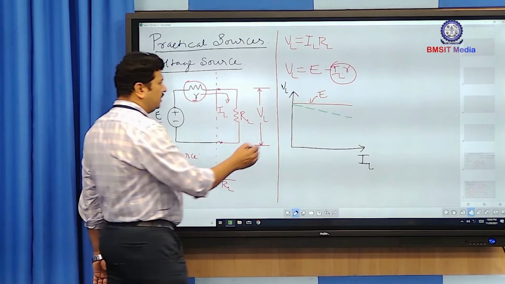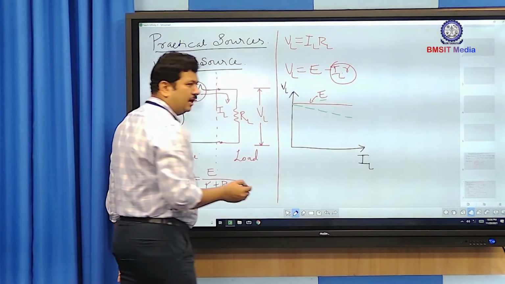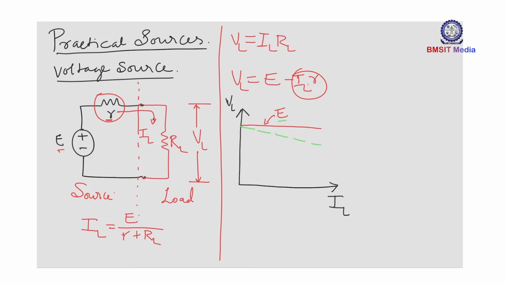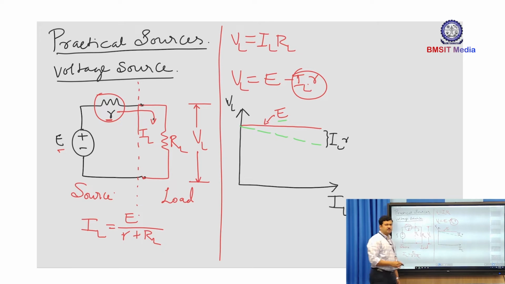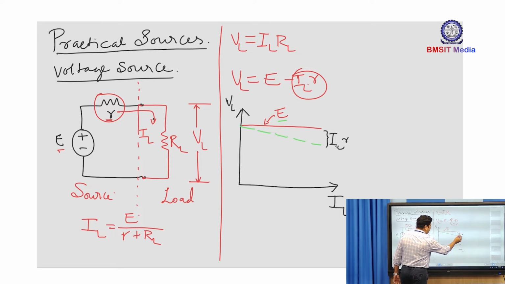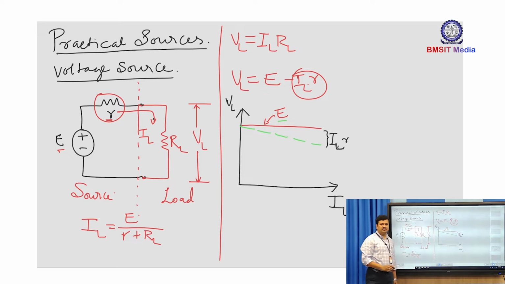The no load terminal voltage is E in the ideal case, whereas in the practical case there is a slight drop in the terminal voltage equal to IL into R. As the load current increases, the drop also increases, so the deviation from the ideal curve is more, and this gap is the series voltage drop across the internal impedance of the source itself.